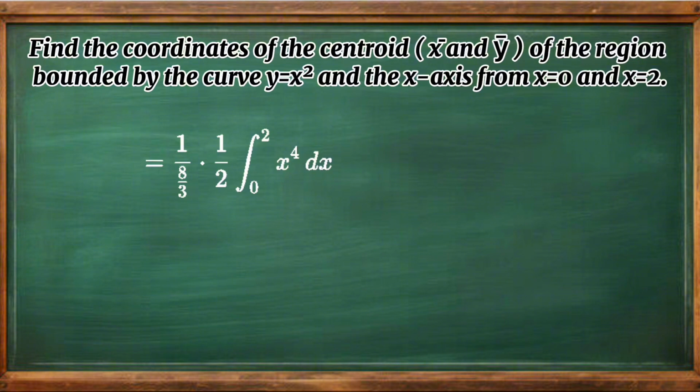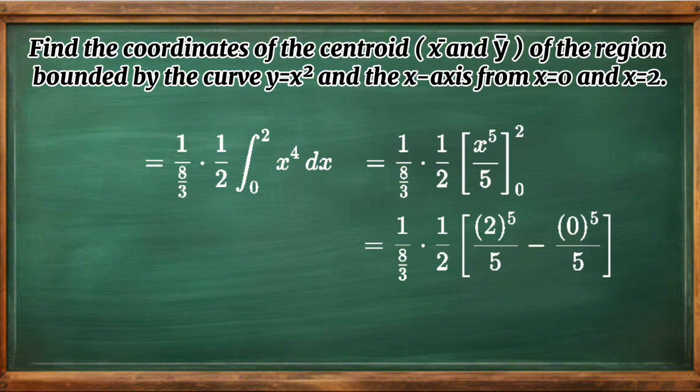Now, we integrate, getting x to the 5th over 5. Then, we evaluate our equation. Therefore, our answer is 6 over 5.